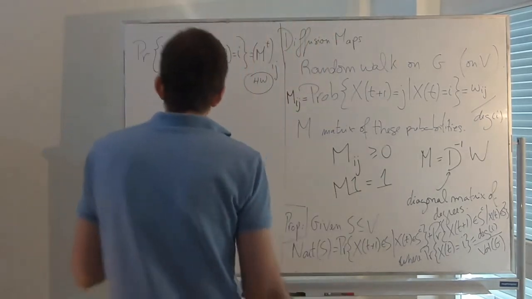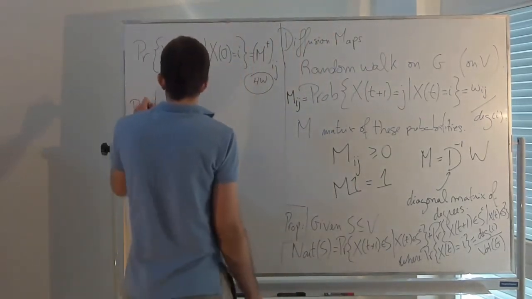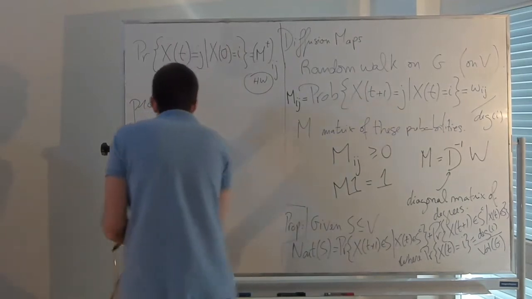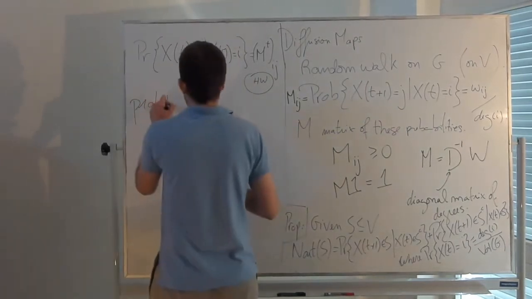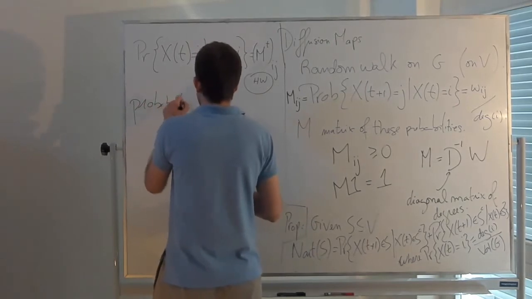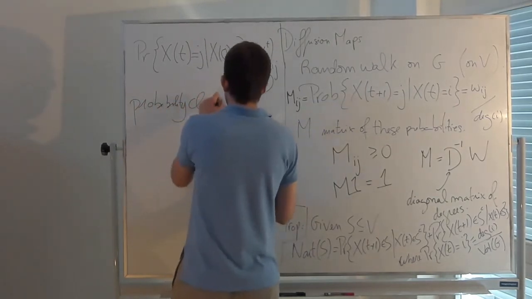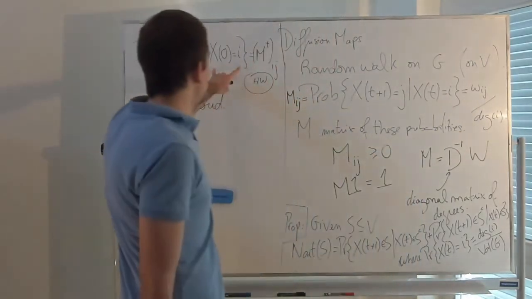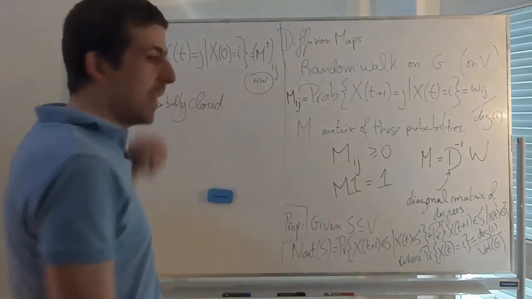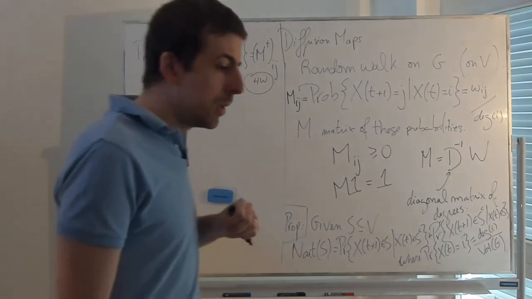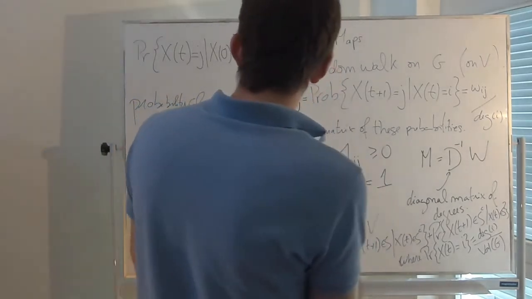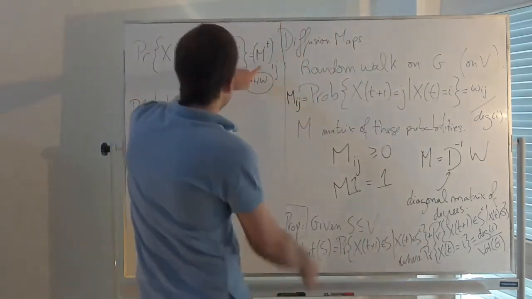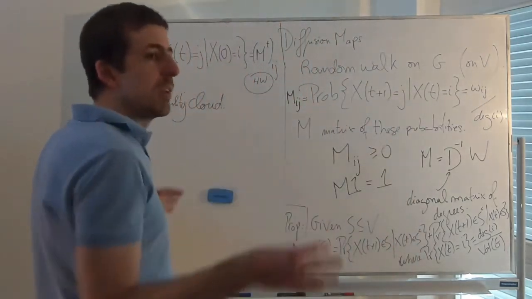So in particular, it means that the probability cloud, if you start at i and you run t steps, and you want to know after t steps what are the different probabilities of being in the different nodes j, we'll call this the probability cloud.